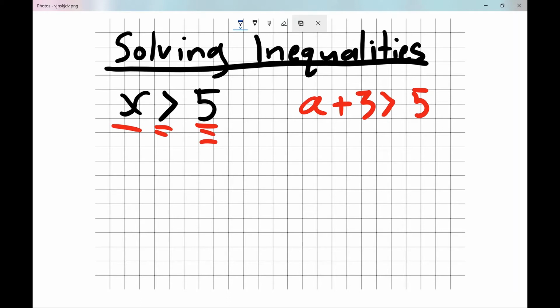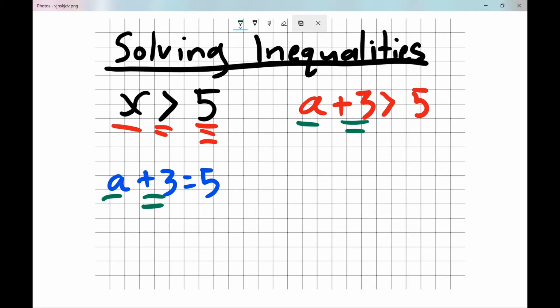But if we were to momentarily step back and think of this as an equation rather than an inequality, such as a plus 3 is equal to 5, in both cases we have variable a and we have a plus 3 that we want to get rid of.